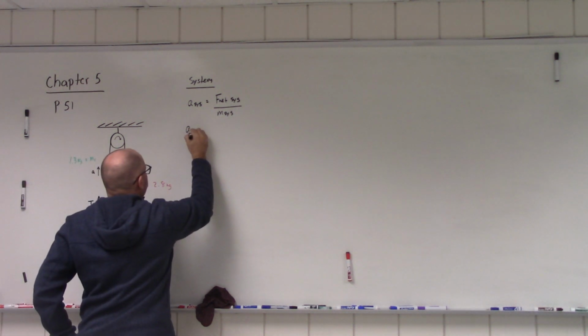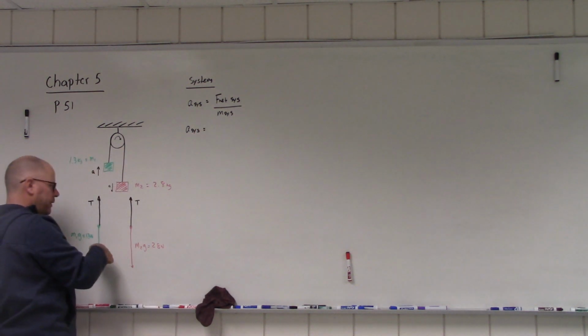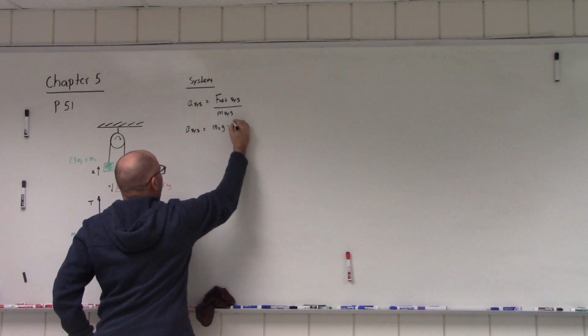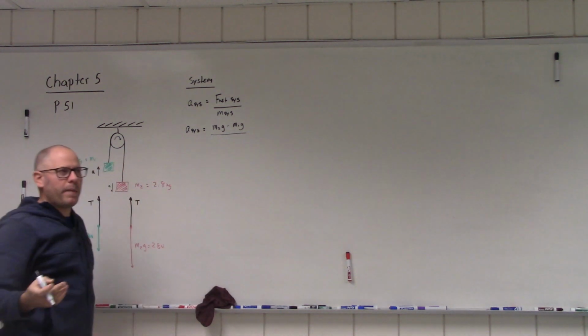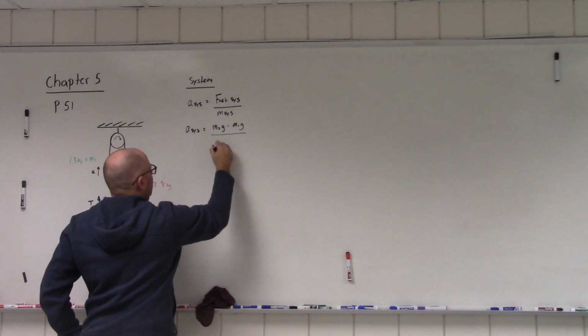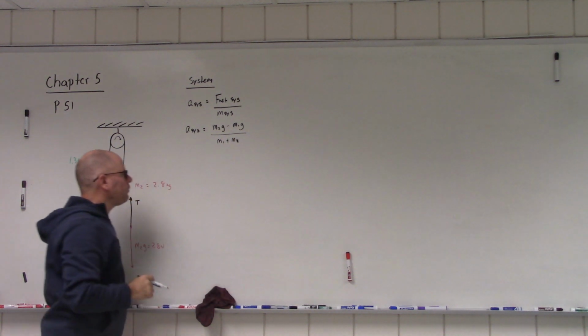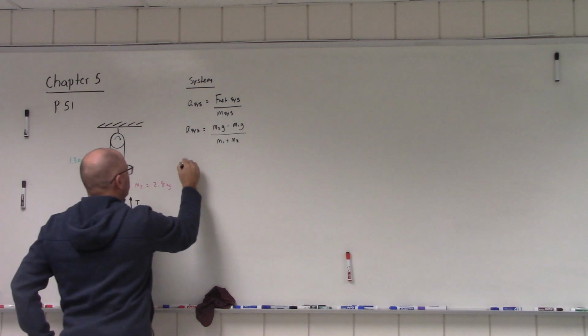To get the acceleration of the system, take the F net, which is this minus this, so it's basically m2g minus m1g, all over the mass of the system, which is m1 plus m2.